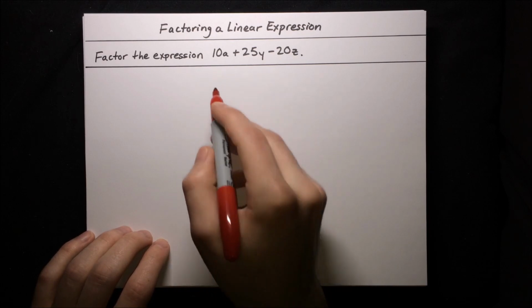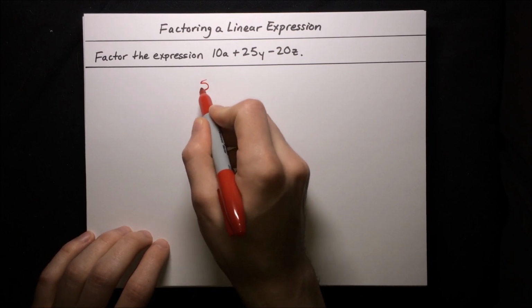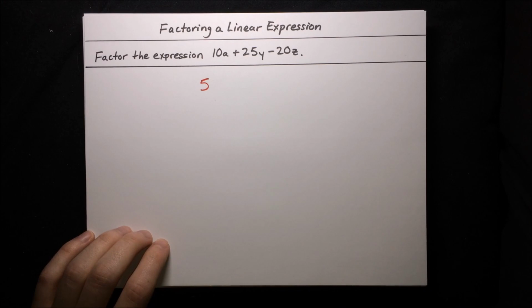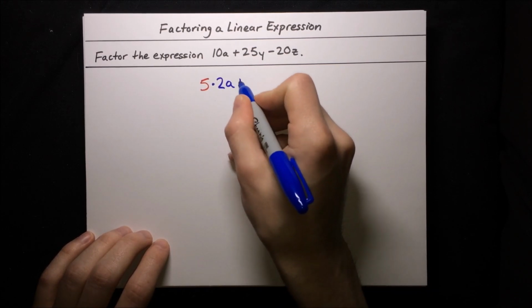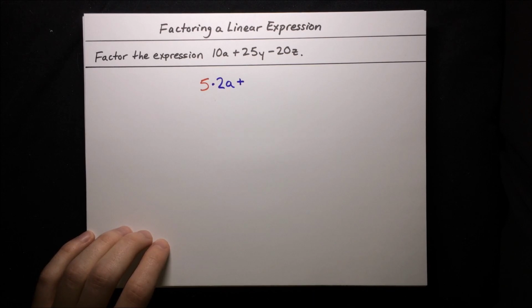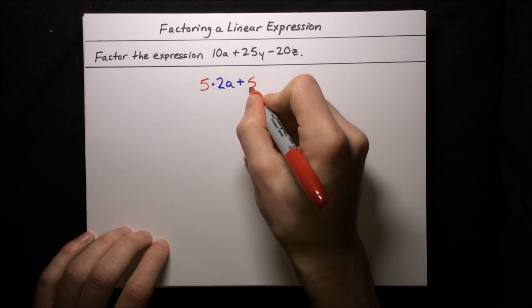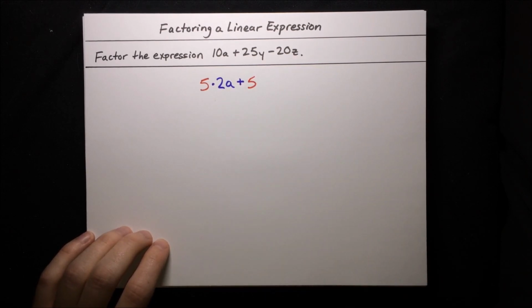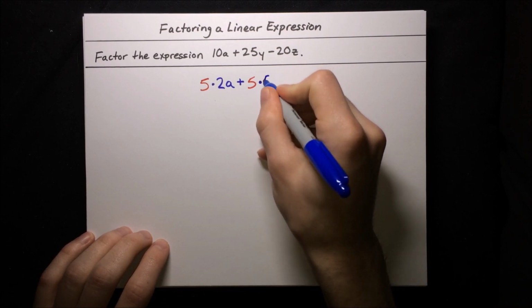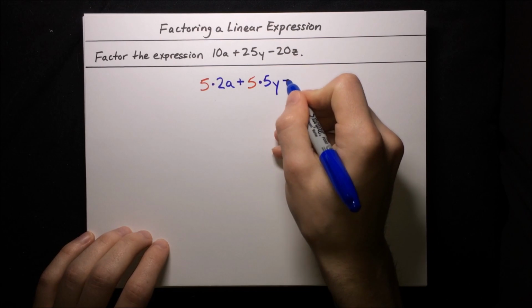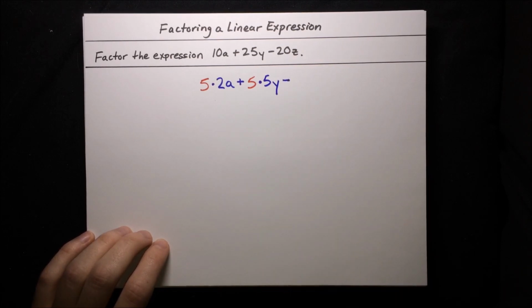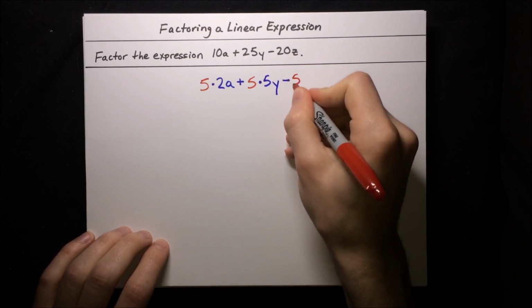So 10a can be written as 5 times 2a, and then 25 becomes 5 times 5, and then a y there also. So 5 times 5y, and then minus 20, we'll just keep that minus sign. So minus, and then 5 times what makes 20?